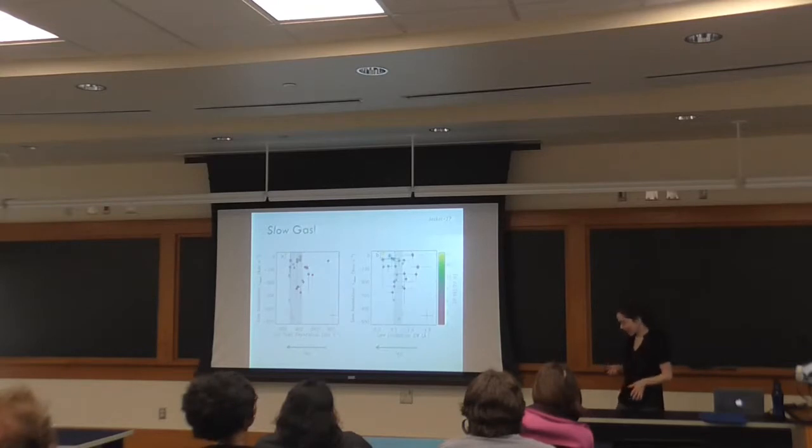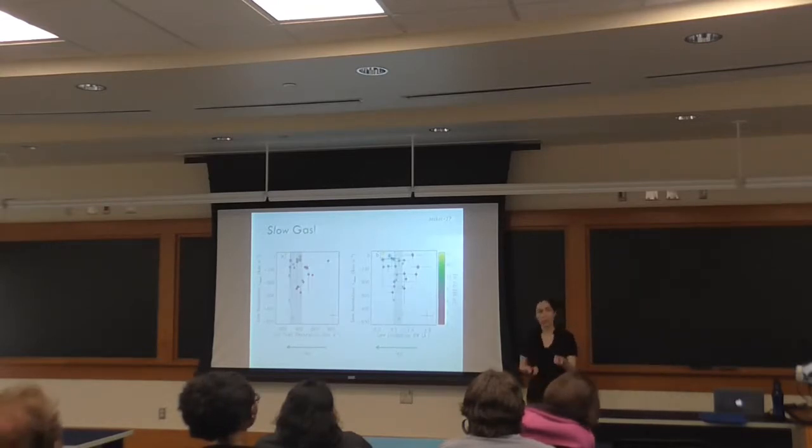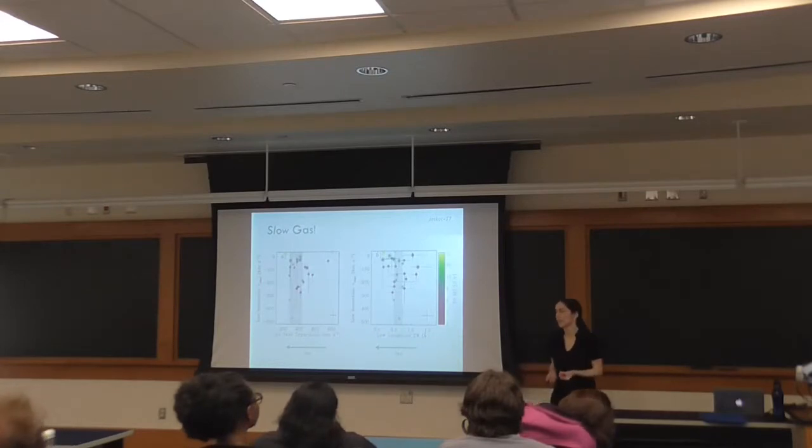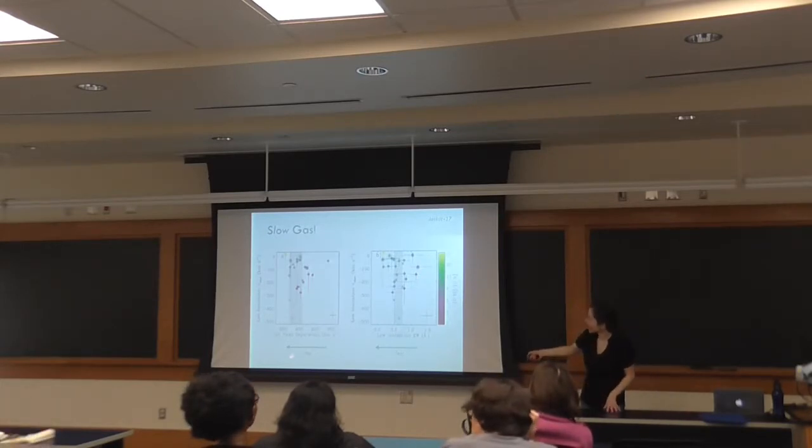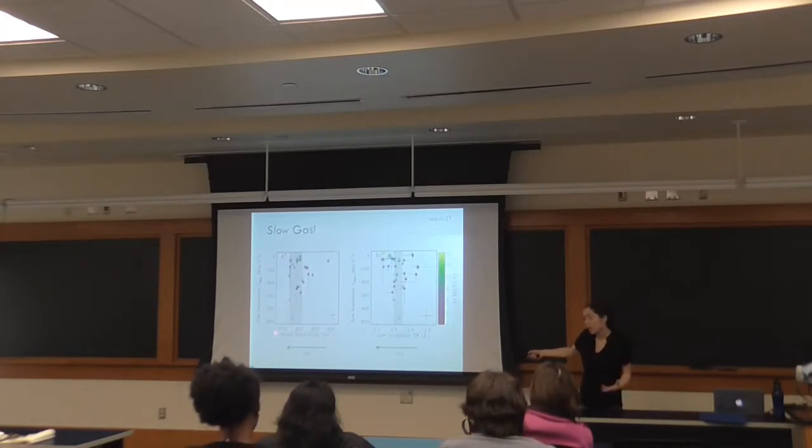When we look at velocities in other lines, we can look at those absorption lines in the green peas and measure their gas velocities. We actually find that the velocities we're seeing are really quite slow. This is how narrow your Lyman alpha line is, and this is how weak your absorption is.